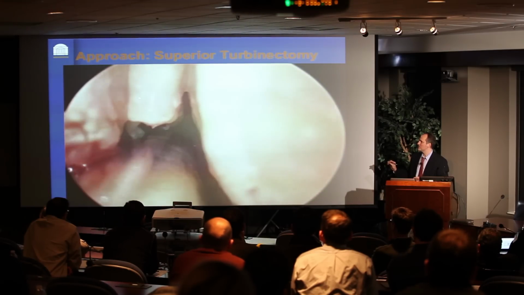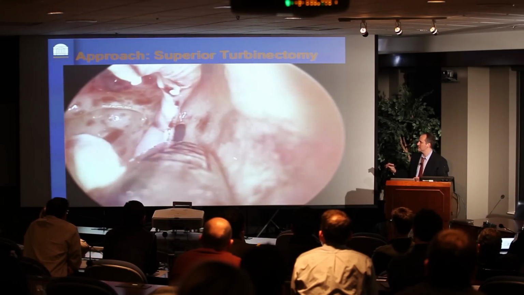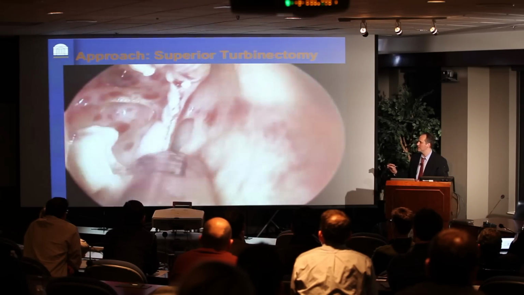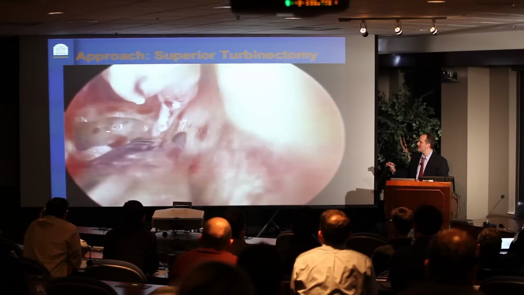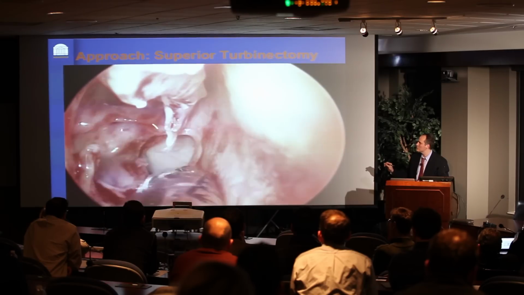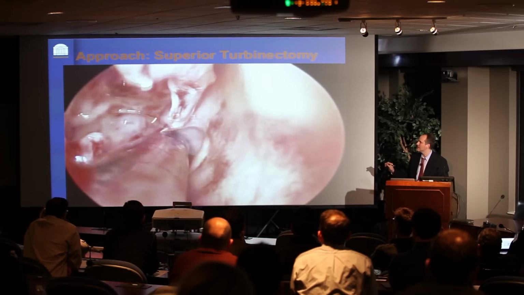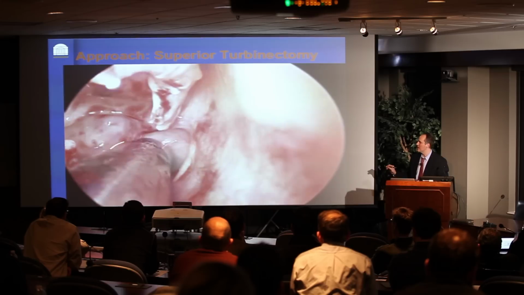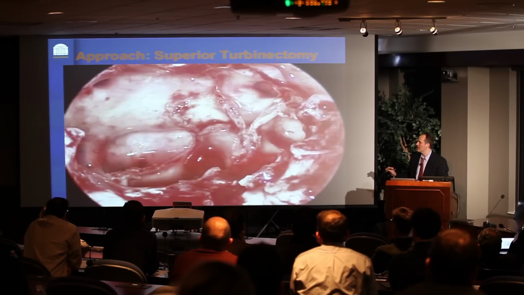So I will inject the superior turbinate, inject the septum, and then remove the inferior half of the superior turbinate. And you can see what that does is it exposes into the posterior ethmoids, and so you can see and more deliberately open the anterior wall of the sphenoid sinus as you expand the sphenoid ostium.